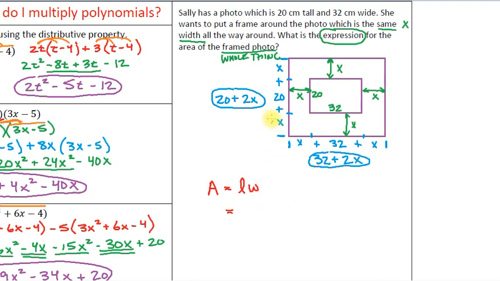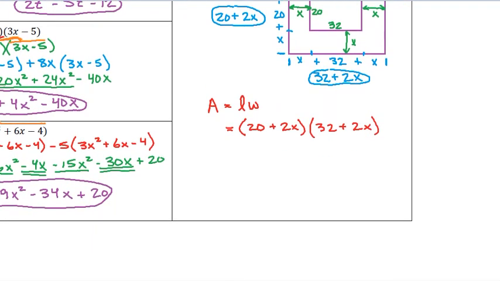I'm going to go ahead and put this one first. So there's our first expression for the length, 20 plus 2x. And then this is going to be our width, which is 32 plus 2x. So now all you have to do is multiply two binomials. Good news is we've already learned how to do this.